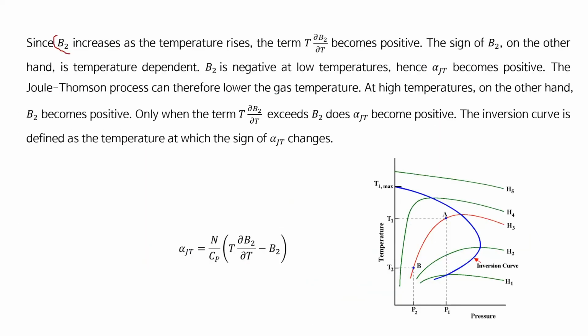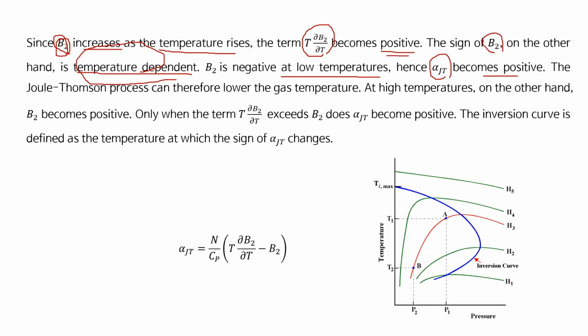Since the B2 coefficient increases as temperature rises, this term becomes positive. The sign of B2, on the other hand, is temperature dependent. We already saw that. So B2 is negative at low temperature, hence alpha JT becomes positive.